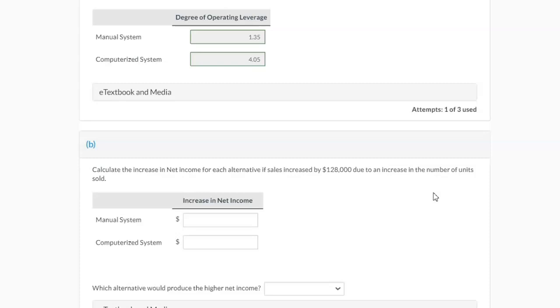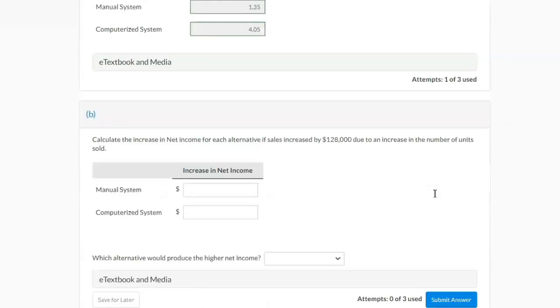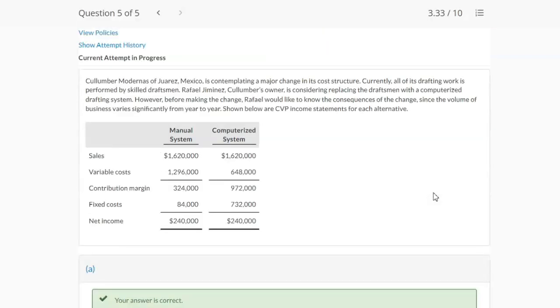Now, what is 128,000 as a percentage of 1,620,000? So that'll be 128,000 divided by 1.62 million, so that's 7.9%.